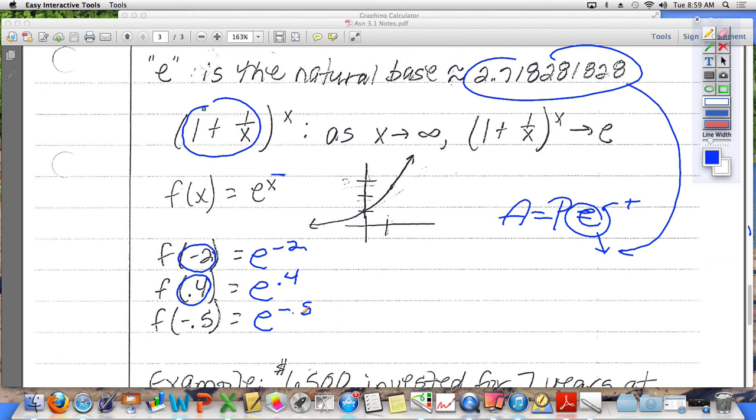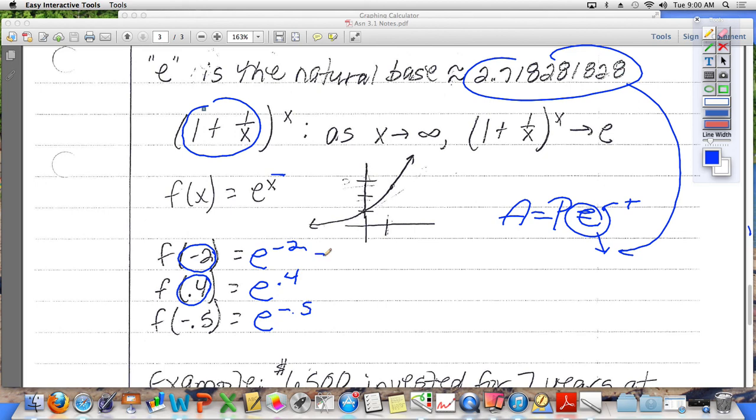And the E button is to the left of your 4. So you are going to press second ln, meaning natural logarithm. So you do second ln, and then you type in -2. It's going to get you some answer. I don't know what it is.